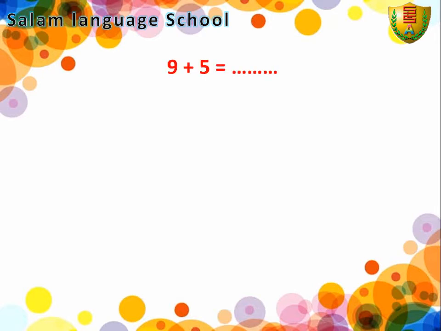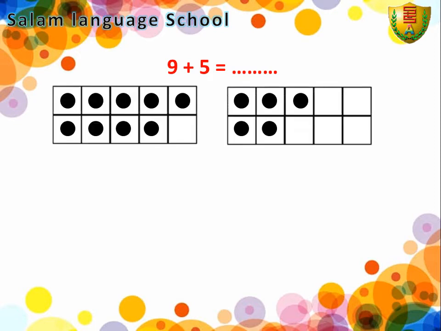Another math problem. 9 plus 5. Draw the 10 frame to answer the math problem. The first one has 9, the second one has 5. The number 9 needs 1 dot from the second 10 frame to become 10. We take 1 dot and put it in the first 10 frame.